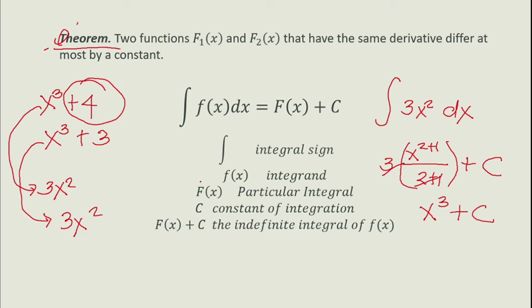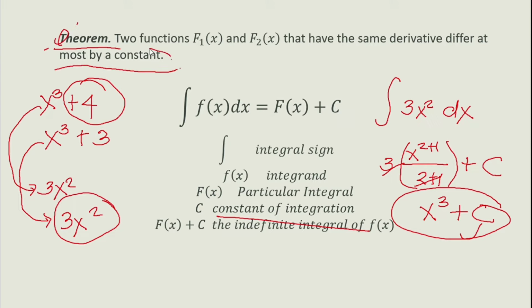Same here, if we're going to take the integral of this part, we have here x cubed plus c. So take note, this c is the constant of integration. So they differ only by their constant. So that is what we have to determine by this one.